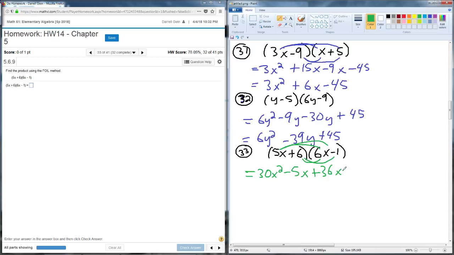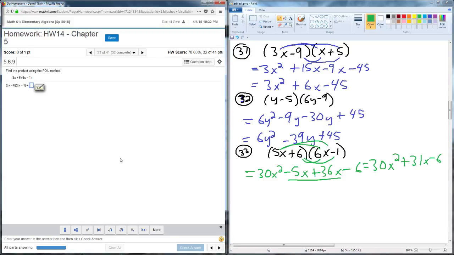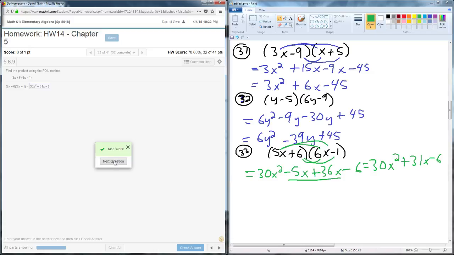And 6 times negative 1 is negative 6. Combine like terms, we get 30x squared. Negative 5 plus 36 is the same thing as 36 minus 5, which is 31x. And minus 6 at the end. 30x squared, 31x minus 6. Got it right.